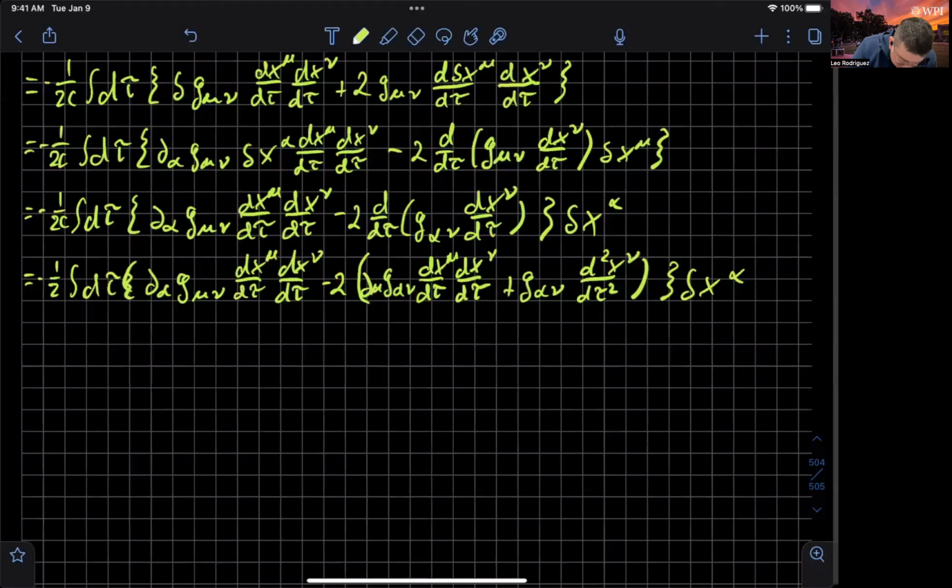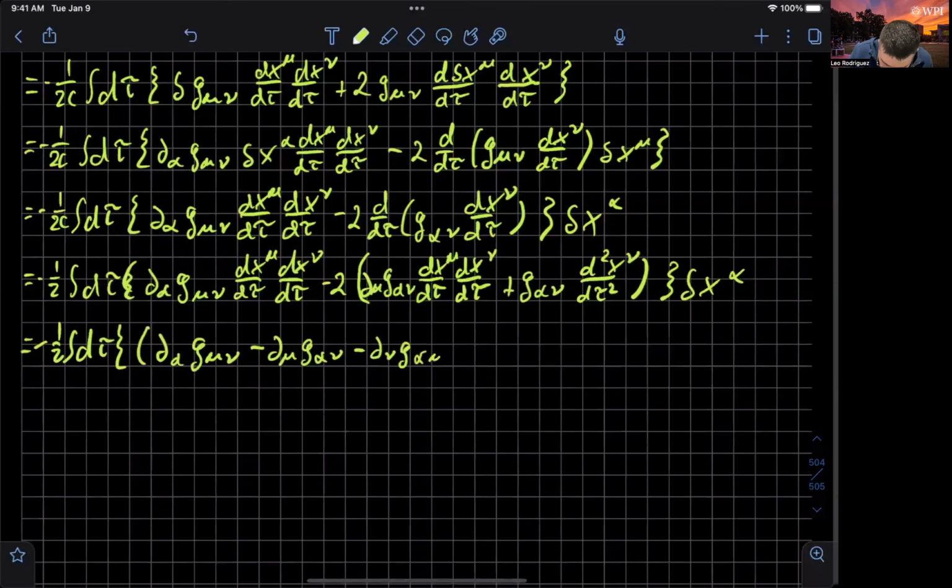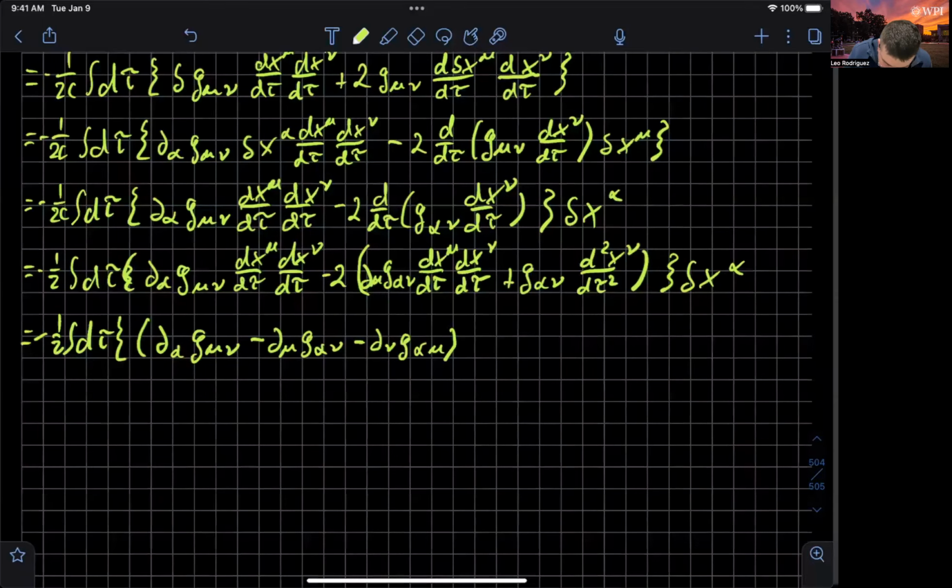So what I'm saying, this is going to look like this here. I'm going to have alpha g mu nu, and then I'll have minus d mu g alpha mu minus d mu g alpha mu. And there would be a 1/2, but there's already a factor of 2 there, so I don't need to worry about that.